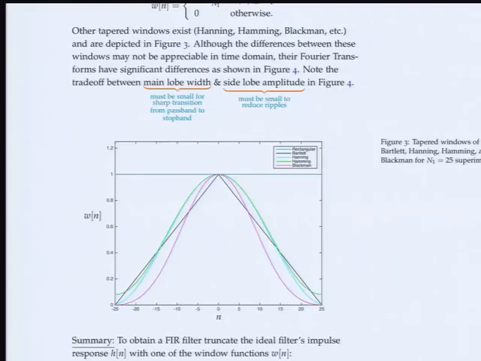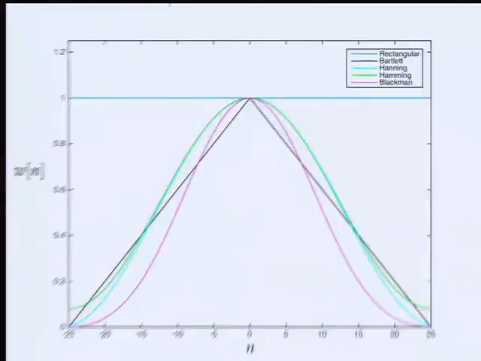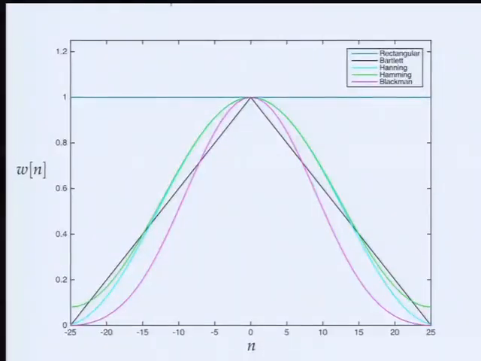And the others who wanted to attach their names to something came and invented other types. So they have funny expressions involving sines, cosines, etc. I'm not going to give the expressions. The plot should give you enough of an idea. One of them is called the Hamming. According to my legend here, the green one is the Hamming window. The blue one is called the Hanning window.